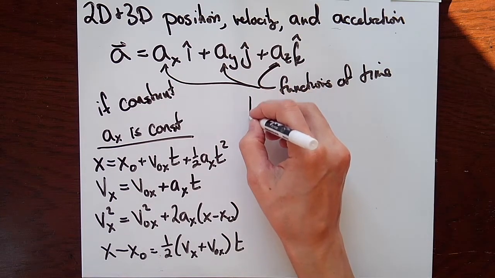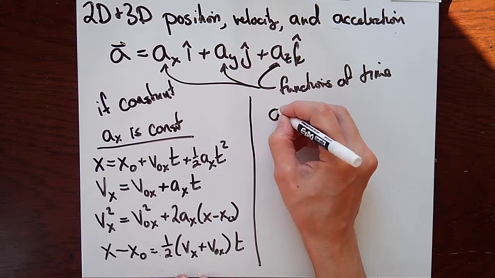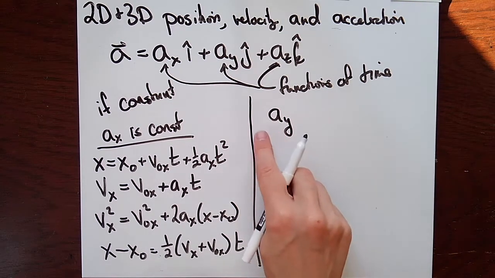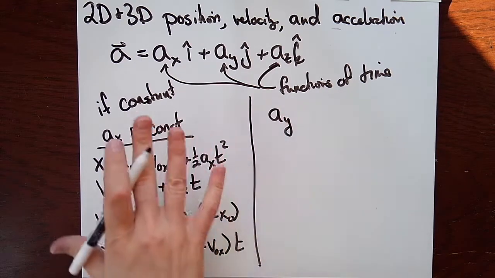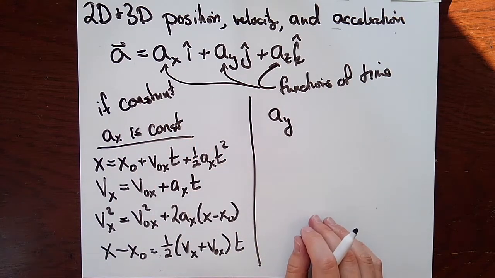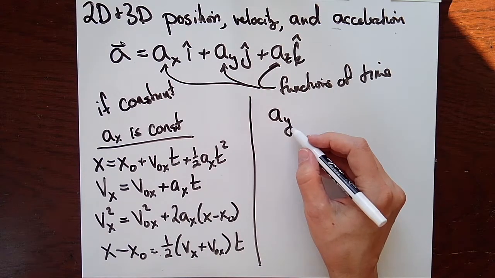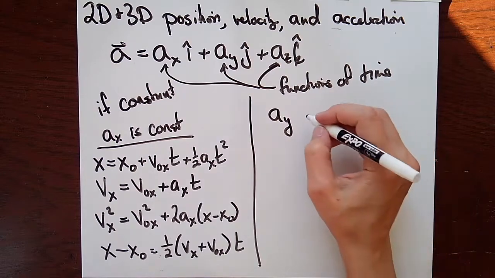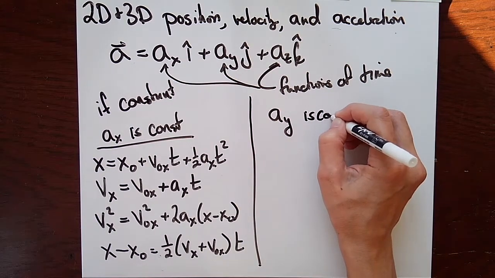And then totally separately, you can treat whatever's going on with ay. Maybe ay is constant, maybe it isn't. Maybe ay is 0, but it is completely separate from what's going on in x. And so if you need to, you can integrate this. You can make up its own set of constant accelerations. So say it is constant.